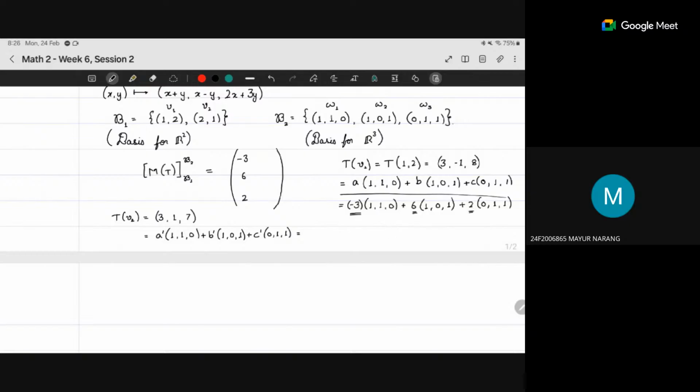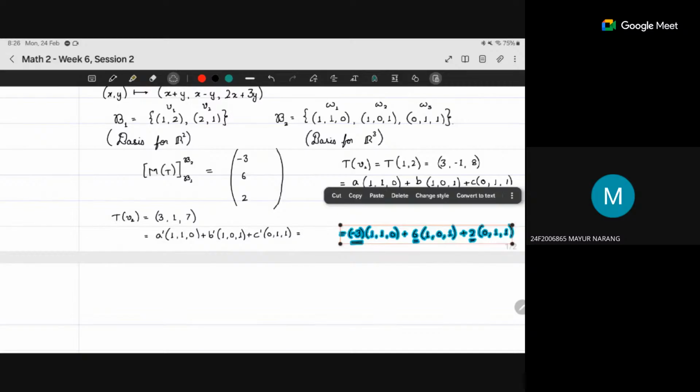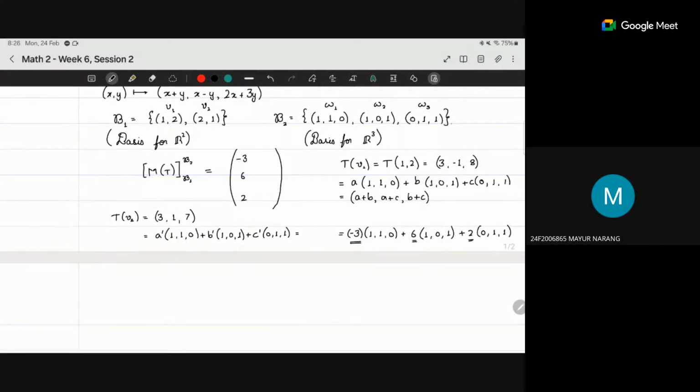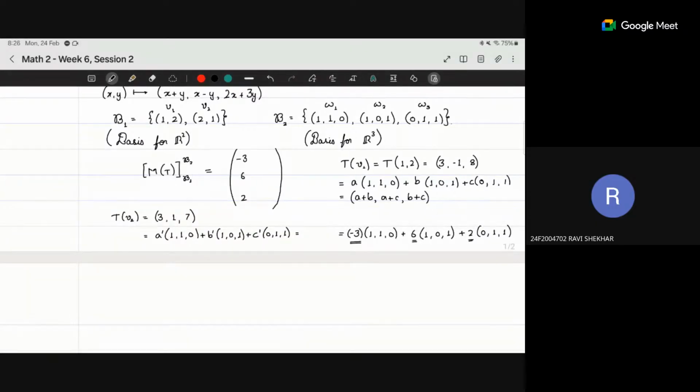But what you have to do is write this as A plus B, A plus C, and B plus C. I need to solve this system of equations for A, B, C, where A plus B is equal to 3, A plus C is equal to -1, and B plus C is equal to 8. So the value of A dash, B dash, and C dash.